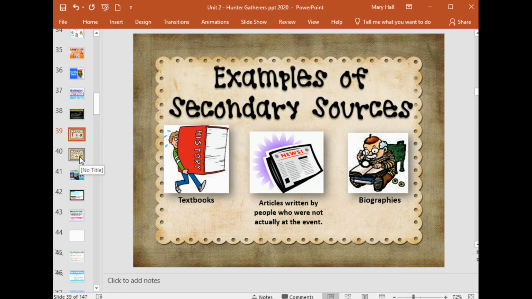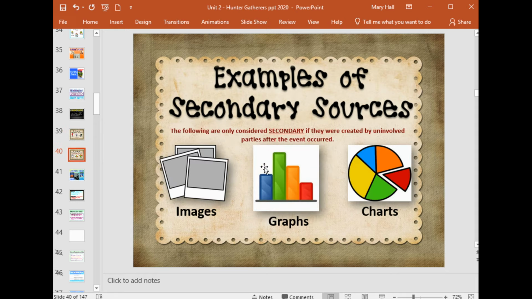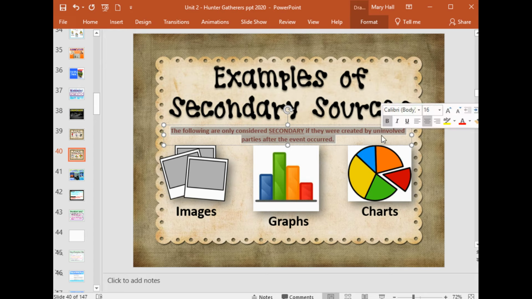You were not there. You did not live their life. That's a secondary source. Some other examples of secondary sources can be images, graphs, and charts, but they are only considered secondary sources if they were created by uninvolved parties after the event occurred.